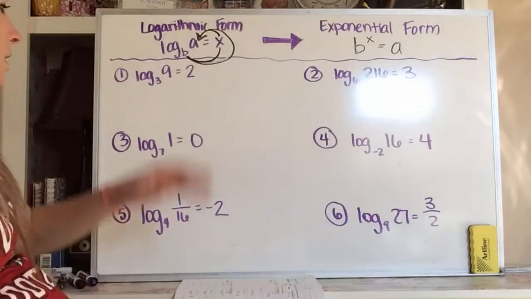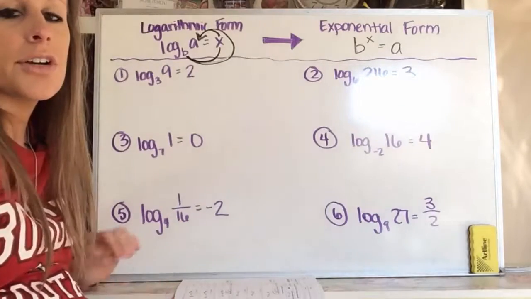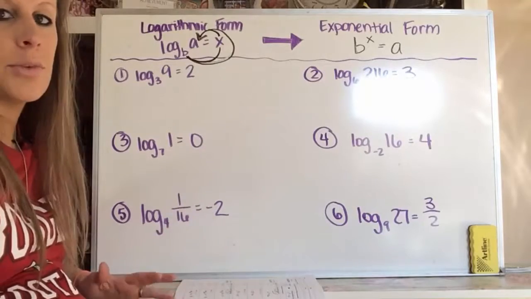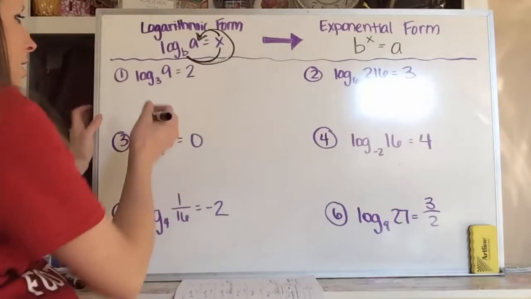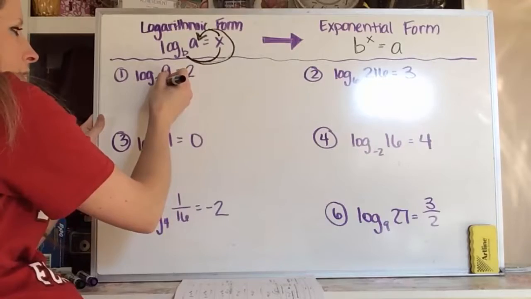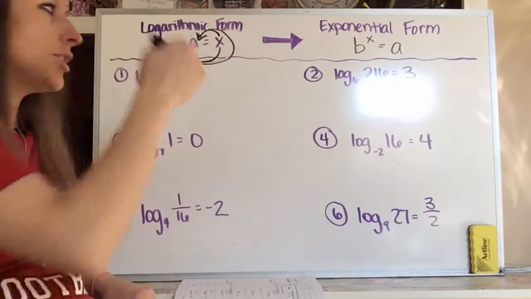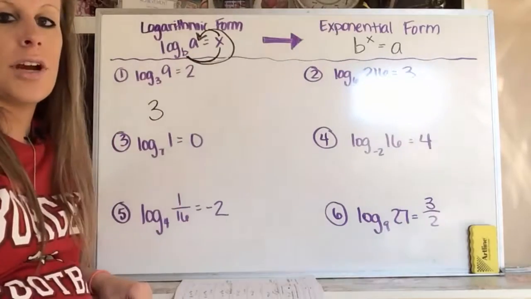So let's look at some of these examples. All you're going to do is rewrite it in exponential form. We're not solving anything, we're just rewriting it. Number one, we start with our base of 3, and I still draw my circle so I make sure I don't make a mistake.